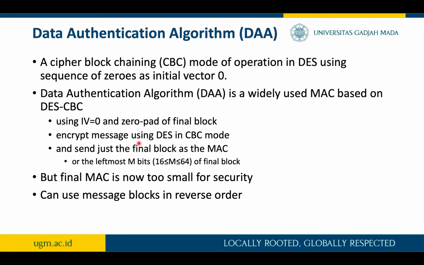So it will encrypt the message using DES in CBC mode, and the final block will be the message authentication code. So the final block will be sent because that's the message authentication code.